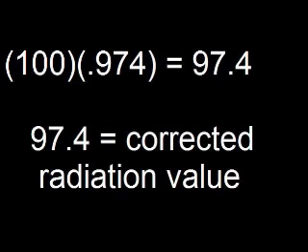So let's say we measured 100, just to make the math easy. Simply take 100 times 0.974, and our new radiation value would be 97.4. So as pressure increases, we have more air molecules. Thus, more ionizations will occur. And basically, with the pressure correction factor, all we're doing is we're scaling our measurement down to correctly correlate to an accurate value.